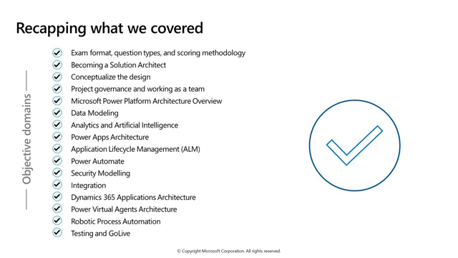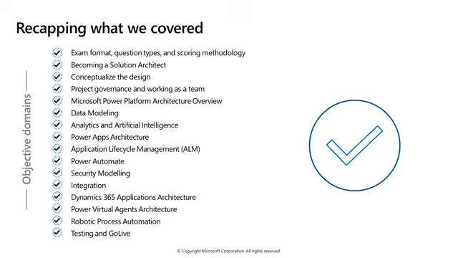So now it's time to recap what we covered. The exam format, question types and scoring methodology. We discussed becoming a solution architect, conceptualizing the design, project governance and working as a team, and the Microsoft Power Platform Architect overview. We talked about data modeling, analytics and artificial intelligence. We covered the Power Apps architecture and application lifecycle management.